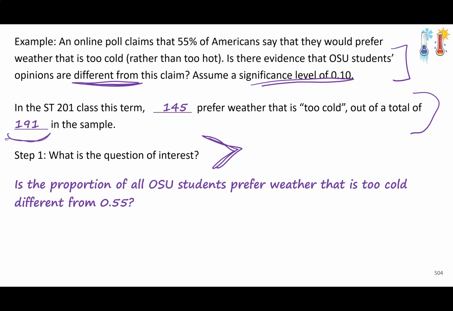So is the proportion of all OSU students that prefer weather that is too cold different than 0.55 or 55%? So once again, I could say the proportion of all OSU students that prefer weather that's too cold, that's my parameter of interest right there. And it is a yes or no question.